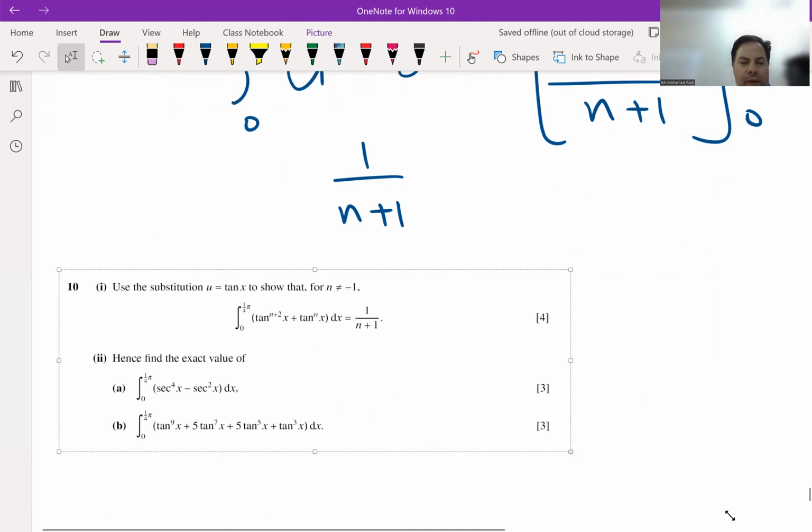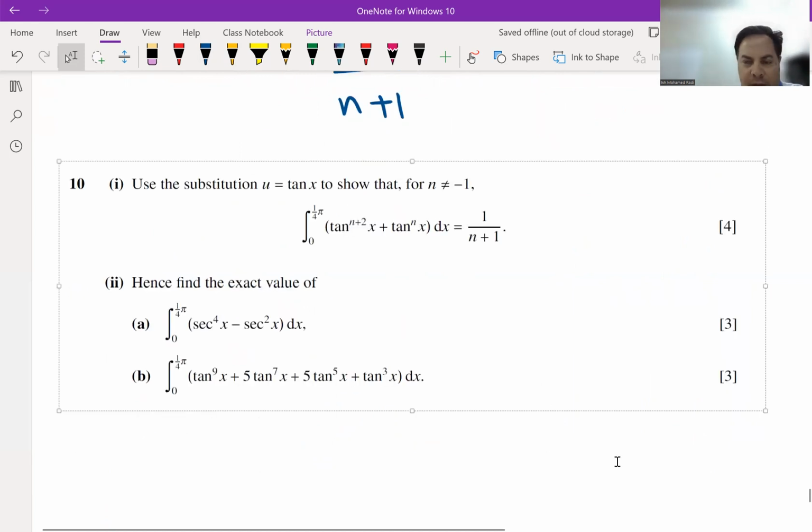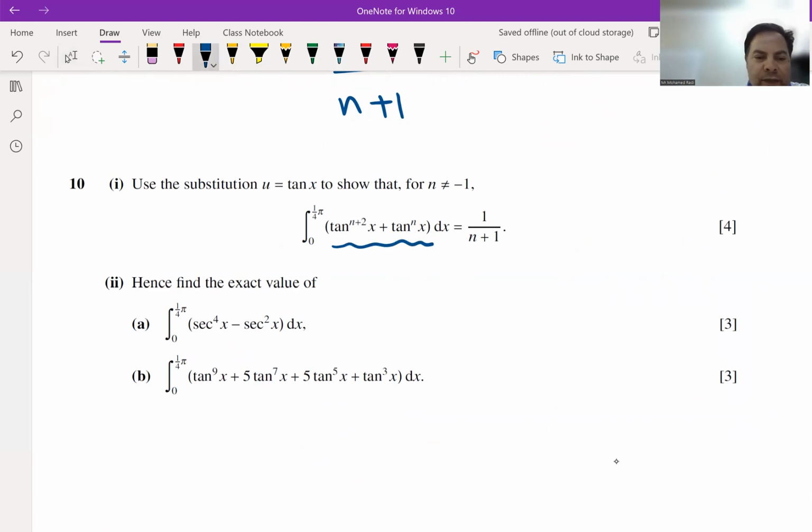Part 2. It's written hence, but even if it is not written, you have to compare and look at the integration of tan n plus 2 plus tan n. Compare between this expression and this expression. If this one is n and this is n plus 2, it is 2 more. In case it is written exactly like this, the answer directly will be 1 over n plus 1.